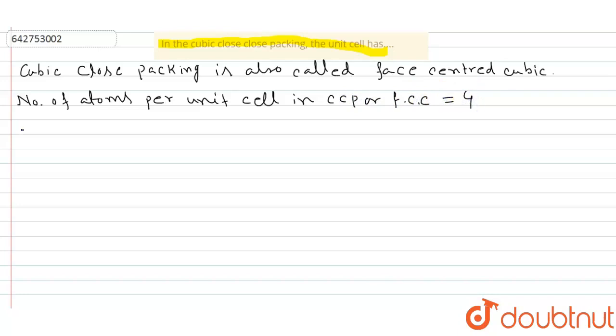We also know that number of tetrahedral void equal to 2 into number of atoms in unit cell.